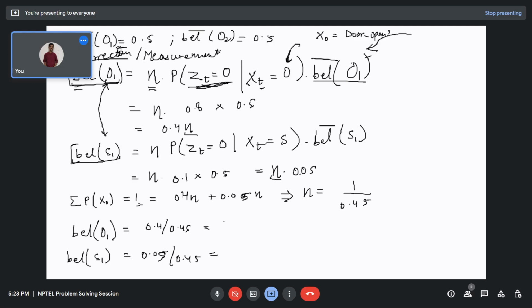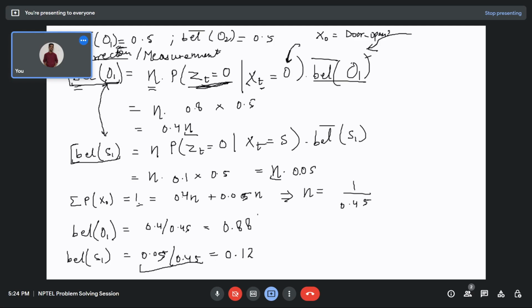This probability comes out to be now 0.88. And to satisfy the law of probability, the total probability should be 1. You can check this from your calculators also.